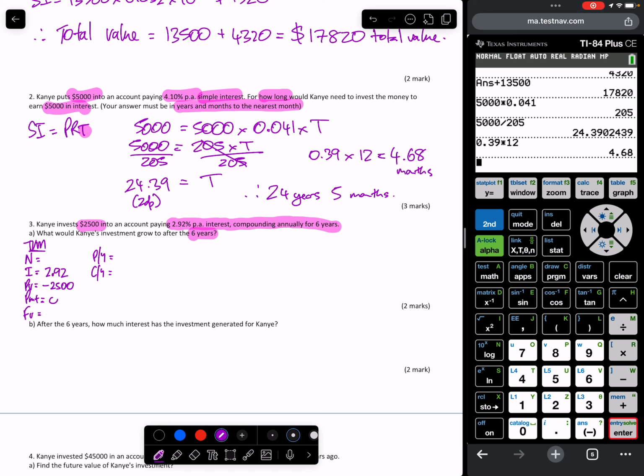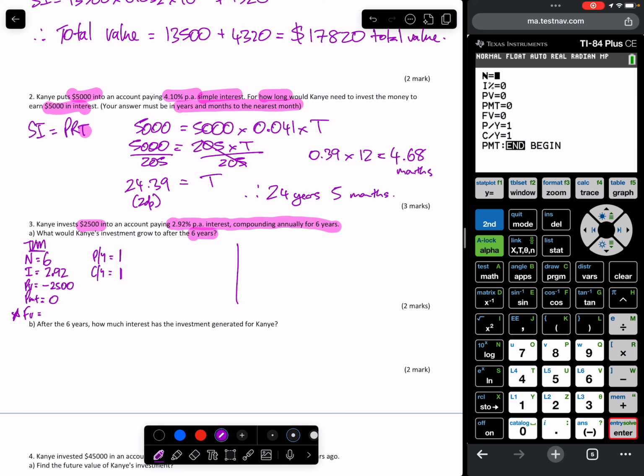It doesn't say anything about payments, and we don't deal with payments in Year 11. FV, what would the investment grow to? So I'm solving for FV. It's compounding annually, so compound periods per year is 1. Payments per year is also 1. It's going to happen for 6 years, so N is 6.